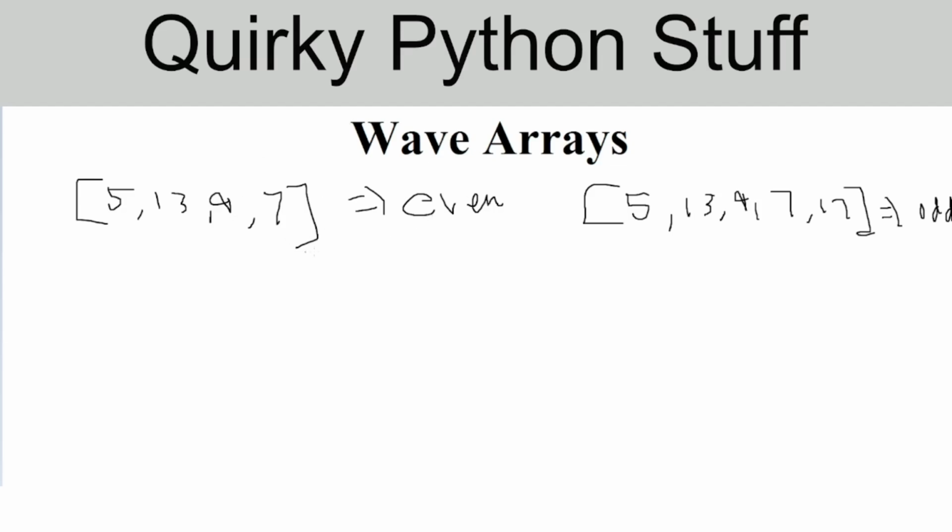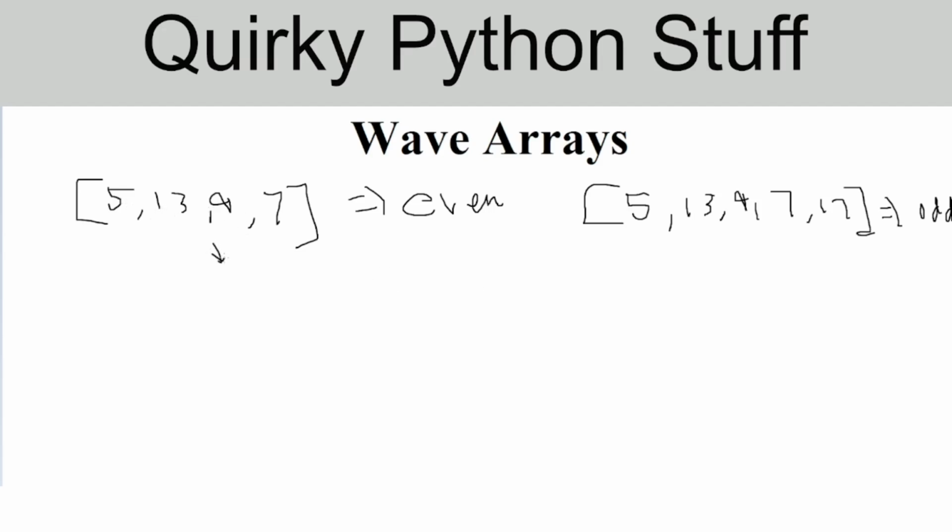And why did I show two different cases? That's because there will be two different ways of creating wave arrays for them. So they will have the first step similar, but the rest of the steps will be a bit different. And I will tell you why. The first similar step is arranging them in descending order.